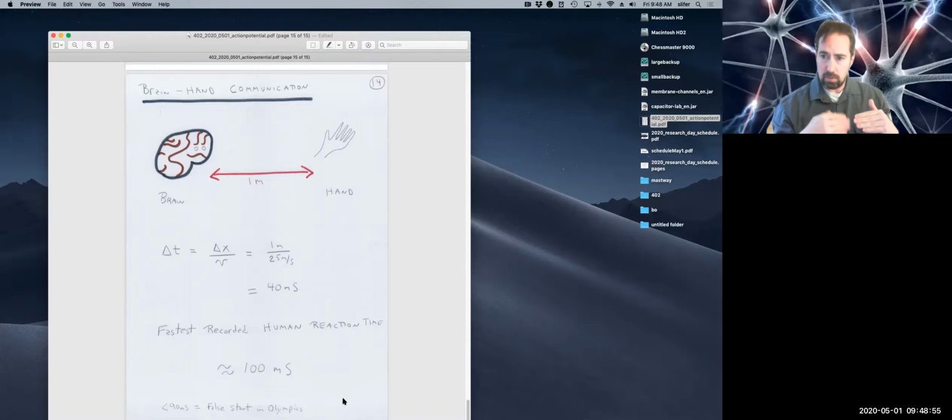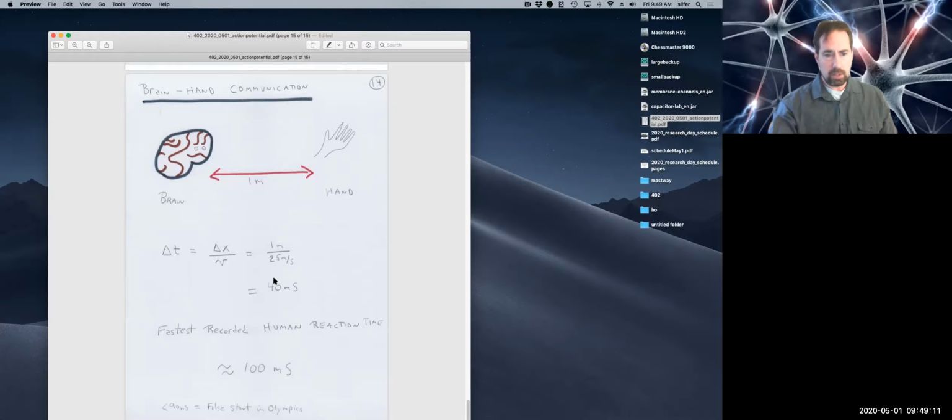So this does seem to correspond to a real number in terms of what our bodies are capable of. Something like 100 milliseconds is the fastest reaction time that seems to be recorded in humans.